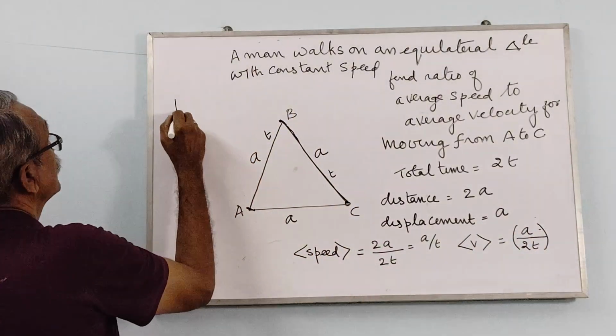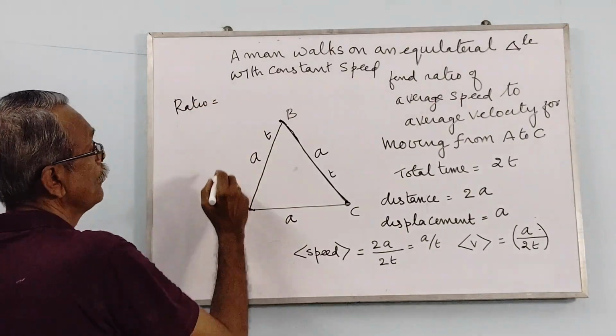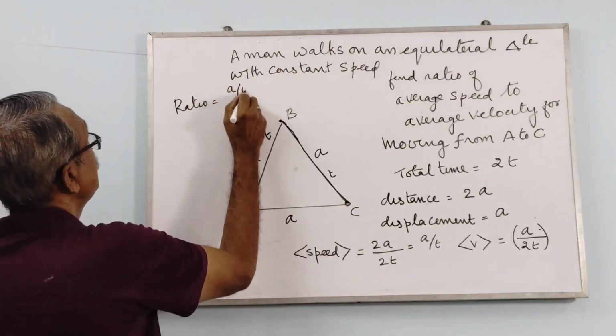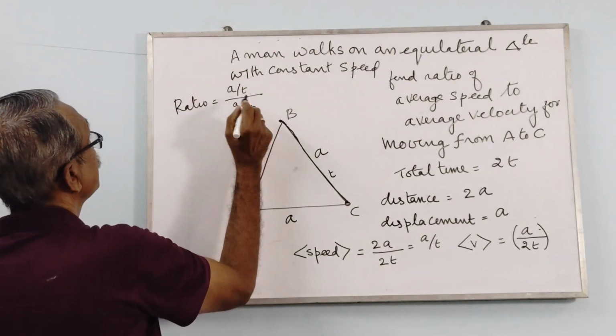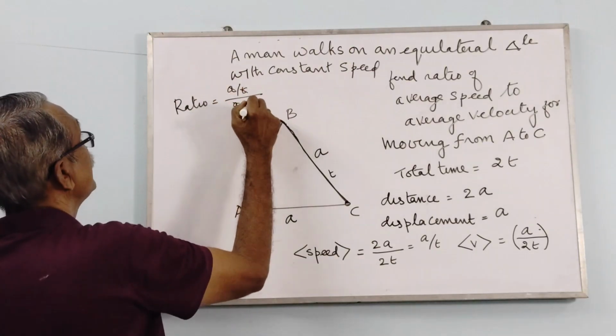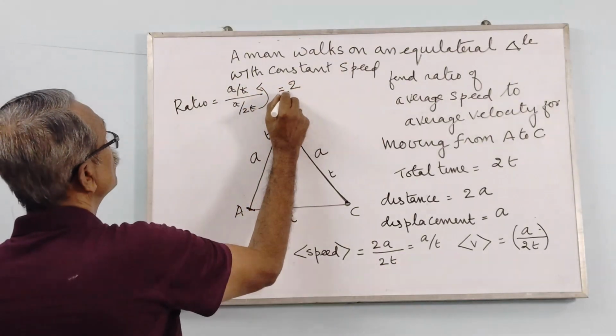So now the ratio is equal to (a divided by T) divided by (a divided by 2T). This a will cancel, this T will cancel, 2 will go to the top, and the answer is 2.